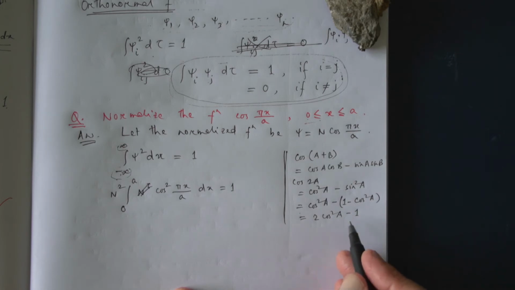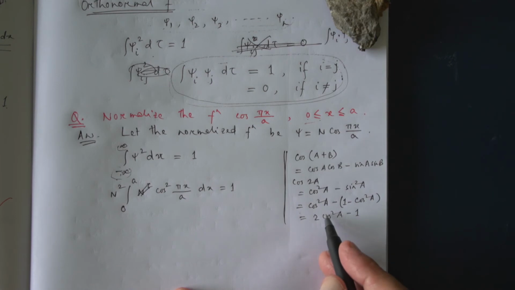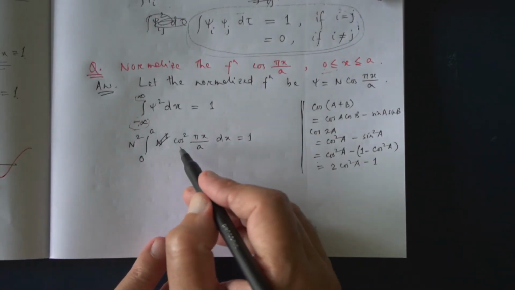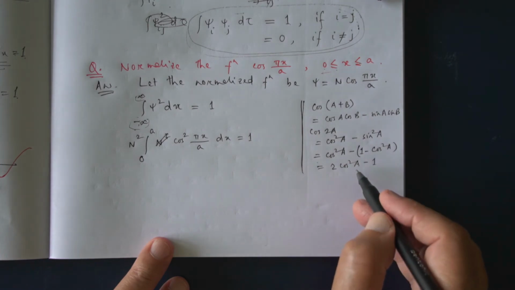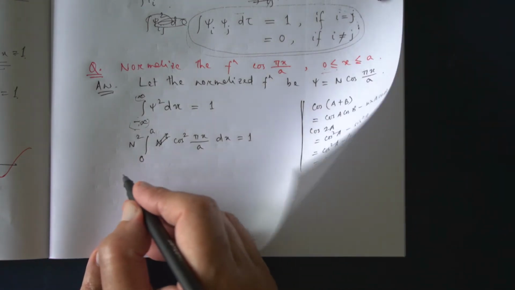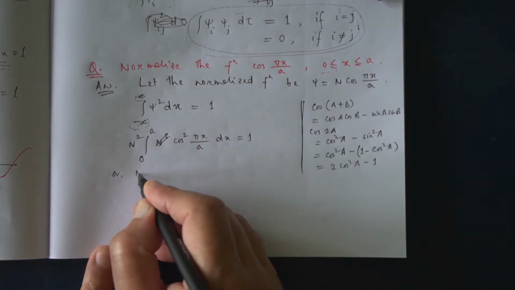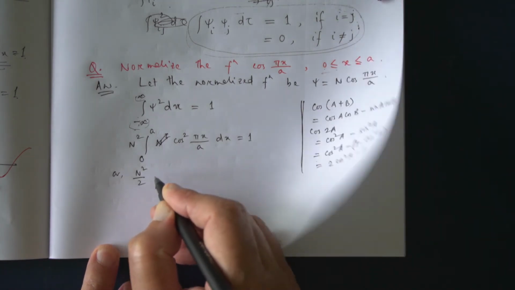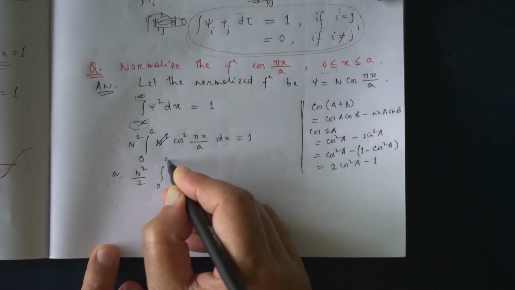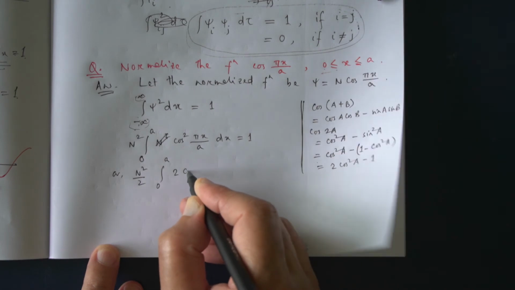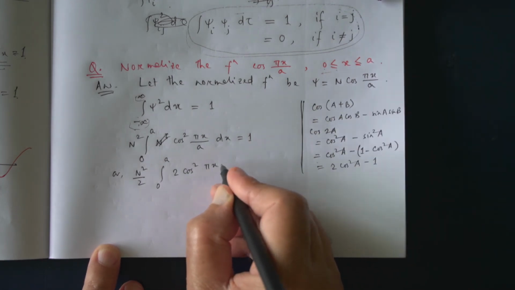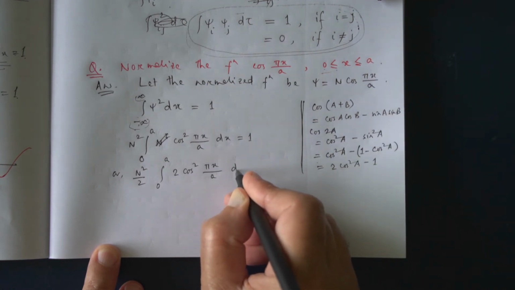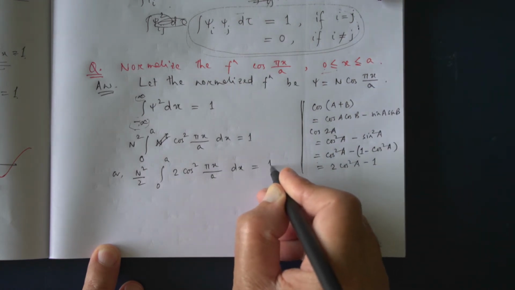So we can do it like this: n square by 2, integral from 0 to a of 2 cos square pi x by a dx equal to 1.